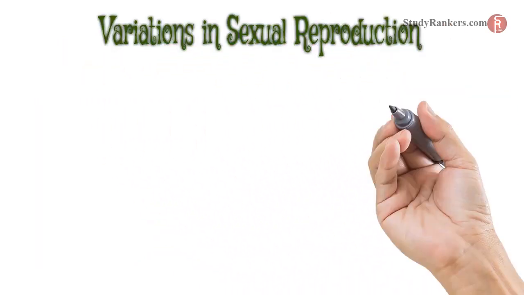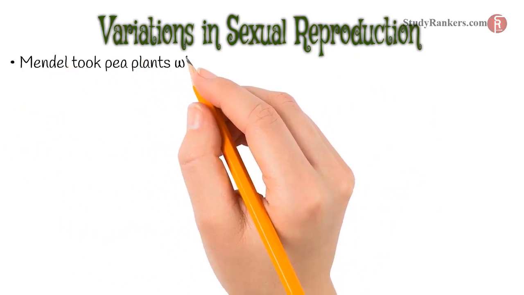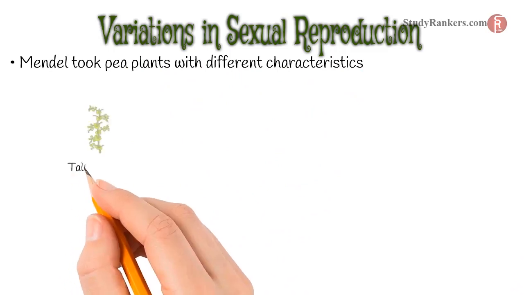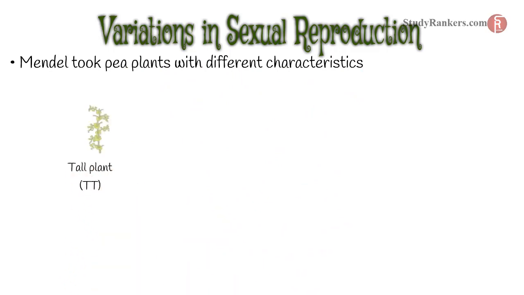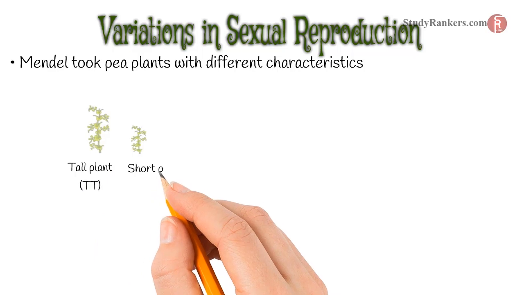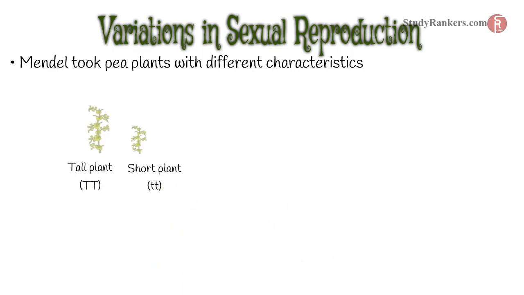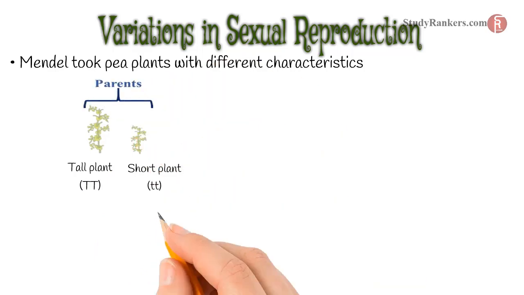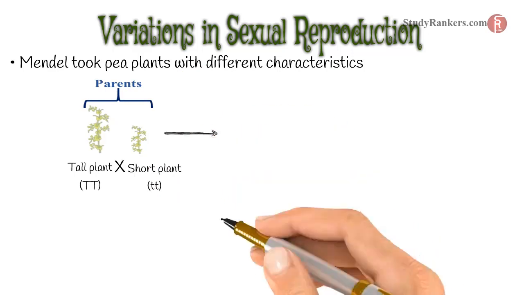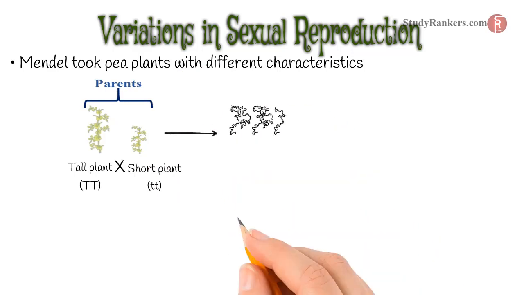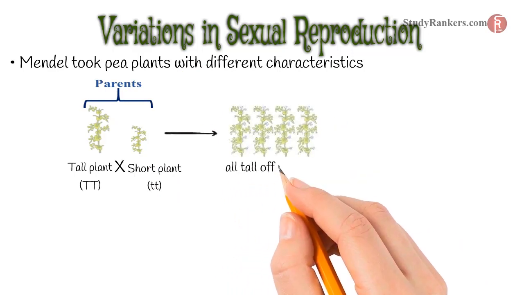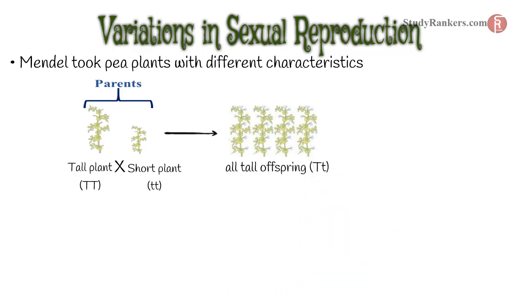Variations in sexual reproduction. For this, Mendel took pea plants with different characteristics, a tall plant denoted by capital TT and a short plant denoted by small tt. They are parents and crossed them. Produced progeny have all tall offspring denoted by capital T and small t.